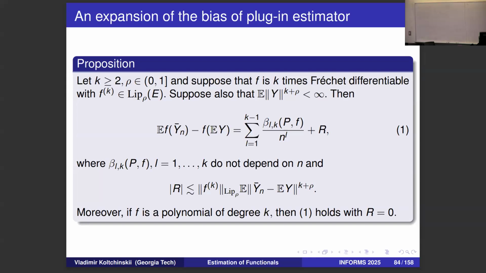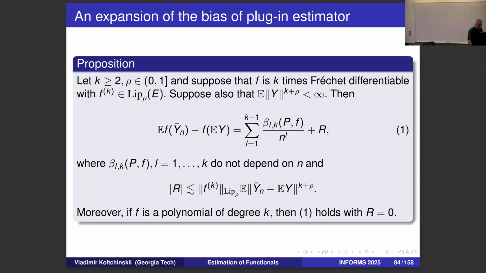And then the main part is certain sum in which we have powers of the sample sizes, but the coefficients do not depend on the sample size any longer, okay? The coefficients depend on the underlying distribution, depend on the functional, but do not depend on the sample sizes, okay? This is the key observation here.